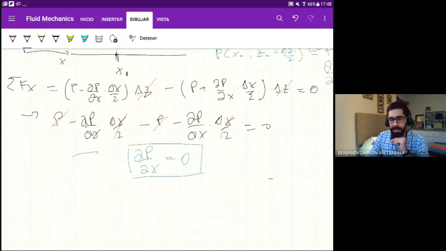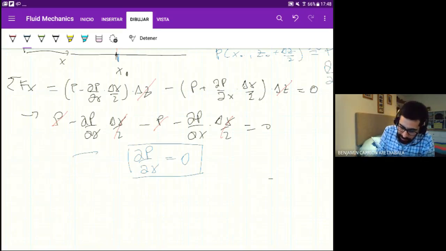What does that mean? The pressure doesn't change if you move in the horizontal. This is a very powerful idea, meaning that if you have 2 points at the same vertical position, then those 2 points will have the same pressure in a fluid at rest, in a hydrostatic condition.